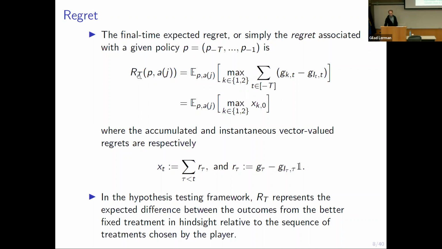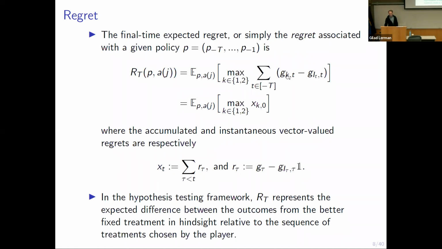And the regret of a given policy is from a distribution that I defined previously, indexed by J. One of the arms is safe. J is the index of the safe arm.